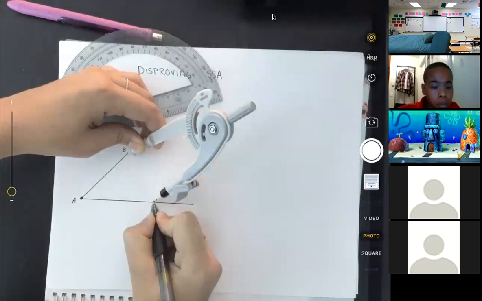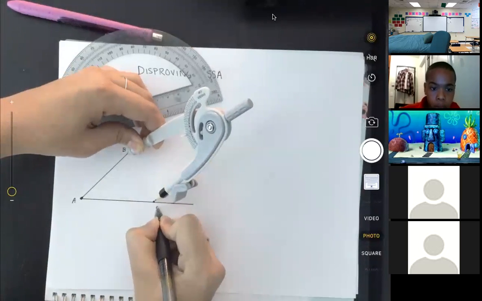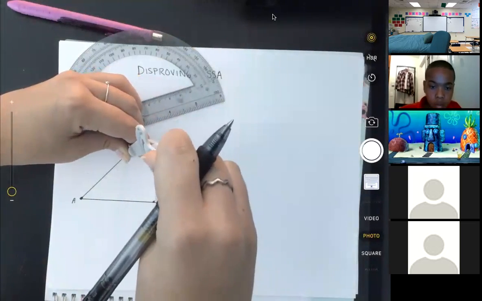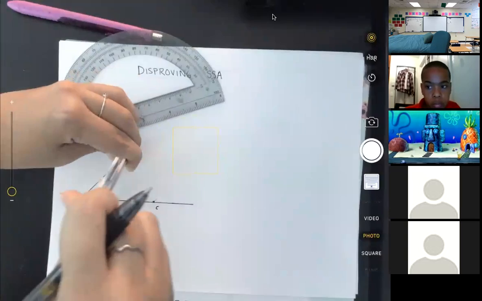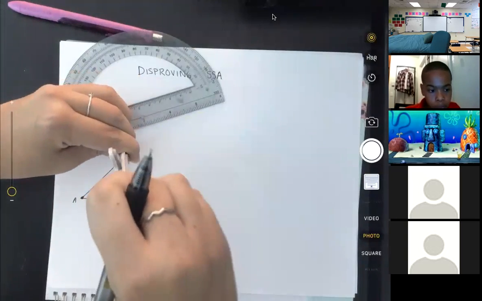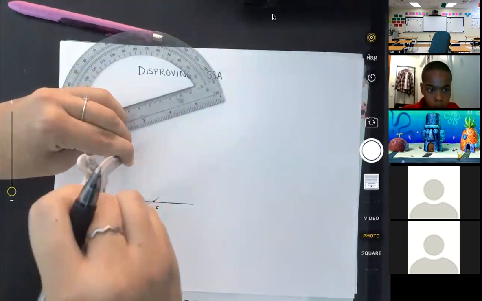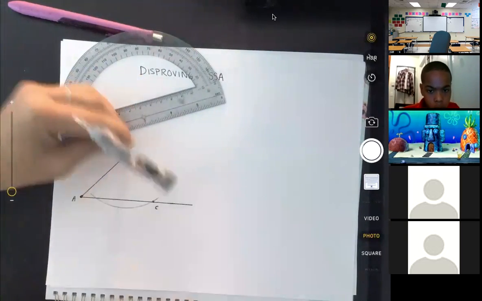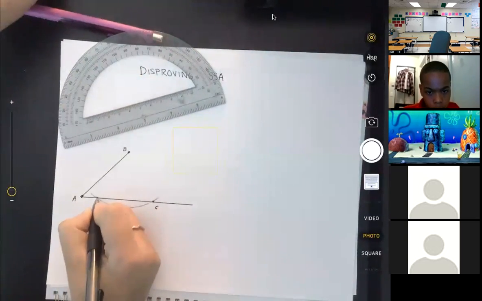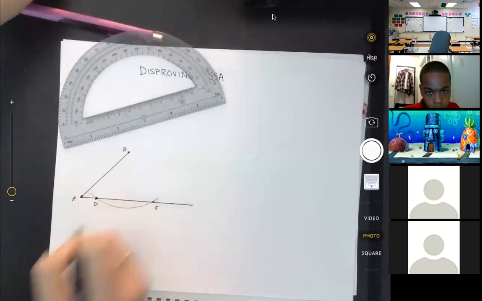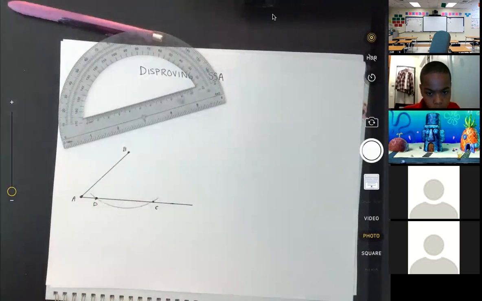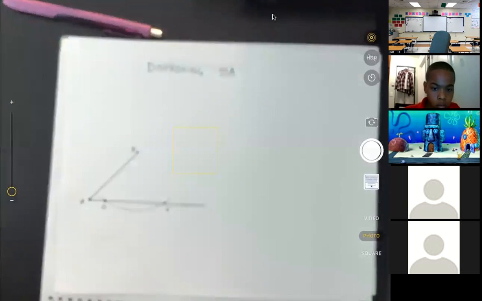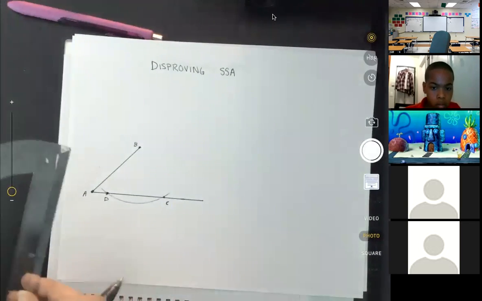I'm going to call this one C. I'm going to connect those, and then draw a little arc from C to another point, which I'm going to call D. Now I'm going to connect B to C.